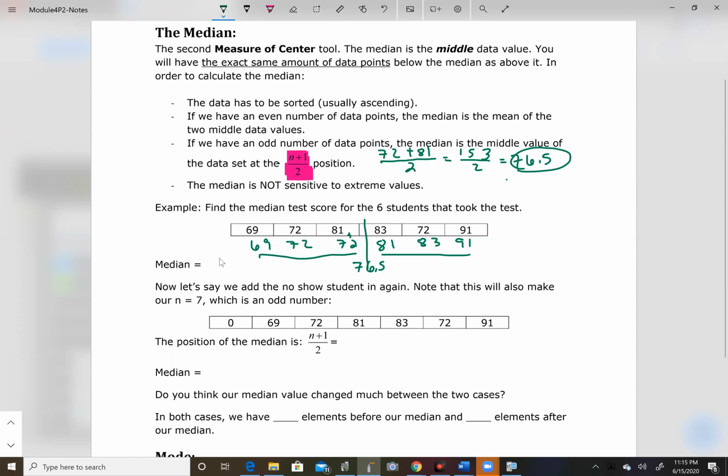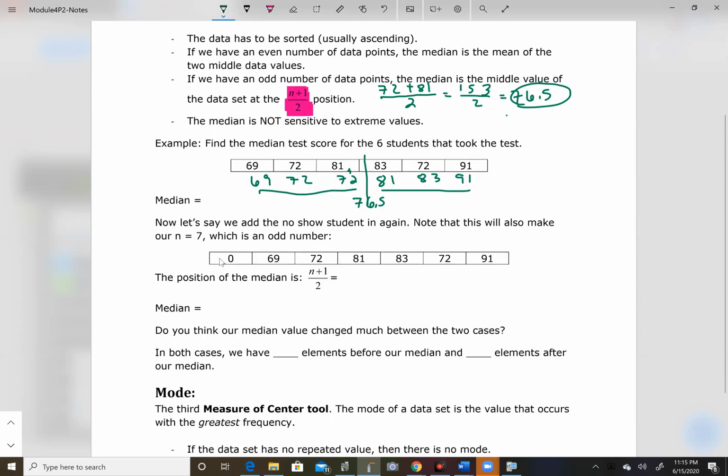Okay, so this is saying, let's say we have that student again, and they are still not there, so I'm going to put their score of 0 on the end. I'm going to do this above since I already have these numbers in order. Let's erase what we were doing before.